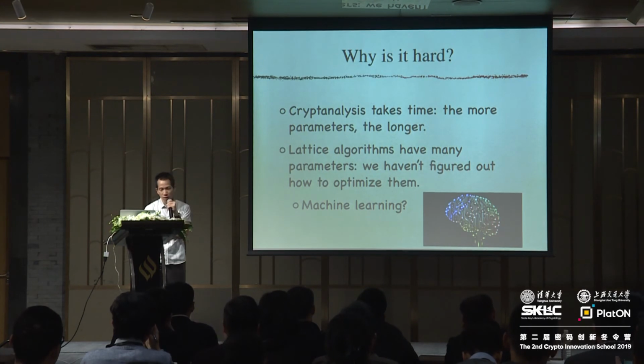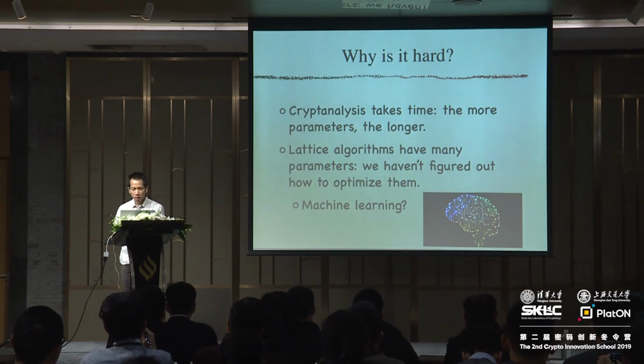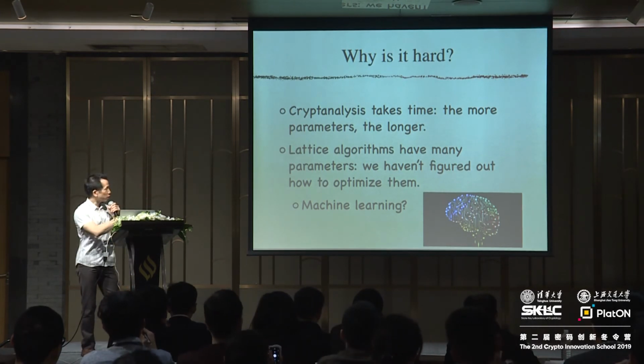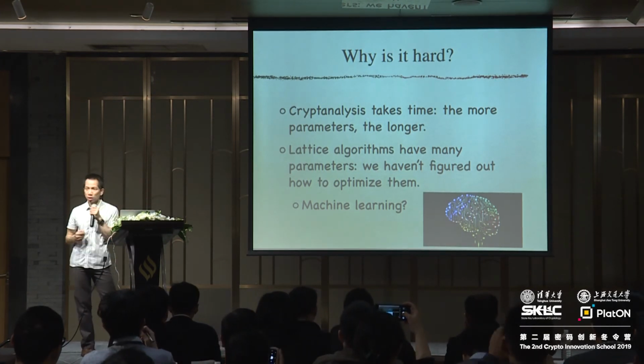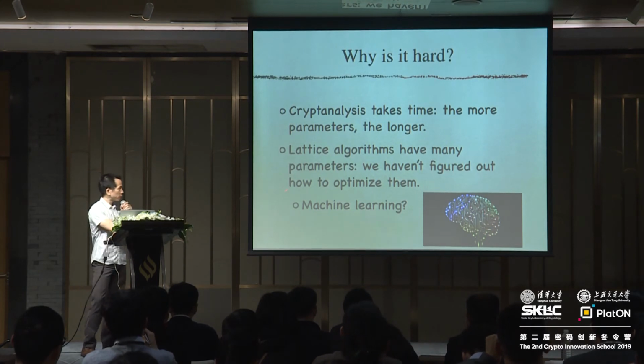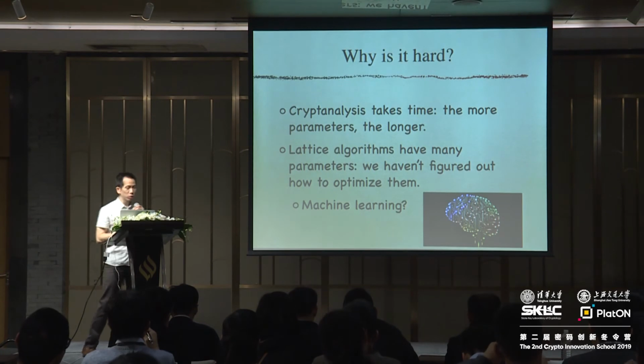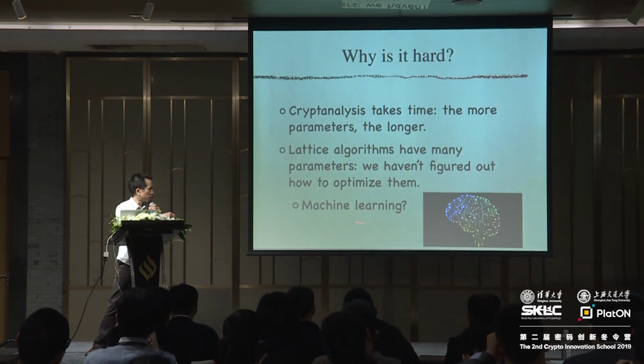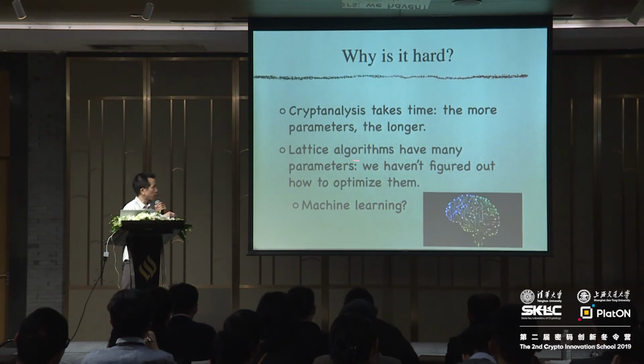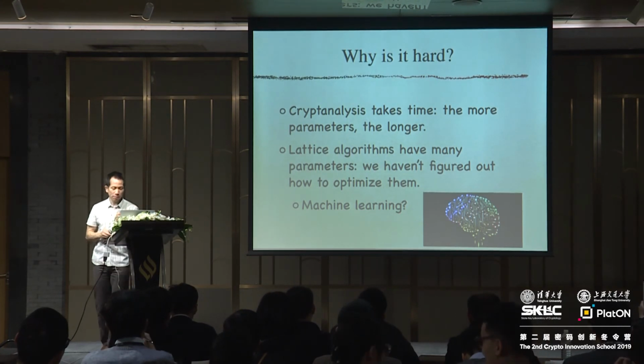Cryptanalysis is complicated, and the more parameters that you have, the longer it takes. And when you play with the algorithms, you have so many parameters. It's not clear how to select these parameters optimally. So actually, that could be a way to exploit machine learning: use machine learning to select the parameters fully automatically.